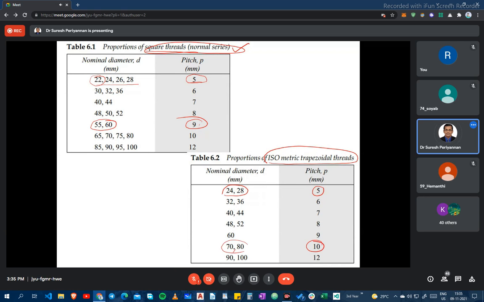So you can compare here. Even for 55 mm we follow a 9 mm pitch in the square thread, but here only for 60 mm do we follow 9 mm. There are some more differences; please go through the table and you can understand. These are standard values. While preparing trapezoidal threads and square threads, we follow these standard values.